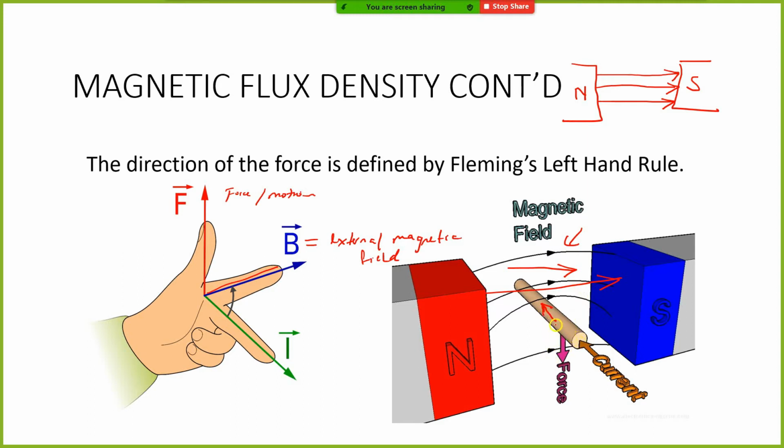The current is flowing into the paper. So you just rotate your arm without changing the direction of the magnetic field, and then you would see that your thumb is pointing down. So what this tells us is that the wire is experiencing a force down, a downward force.